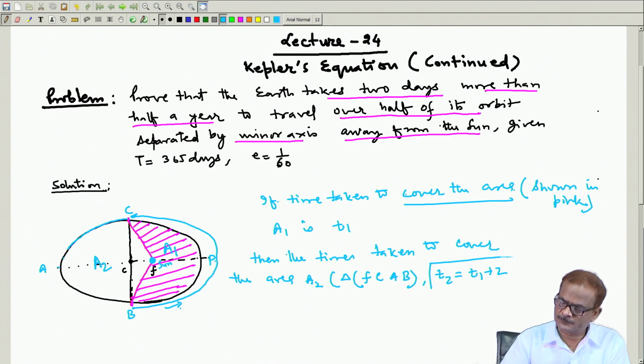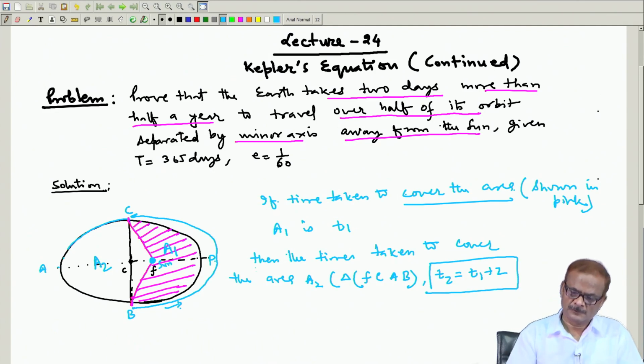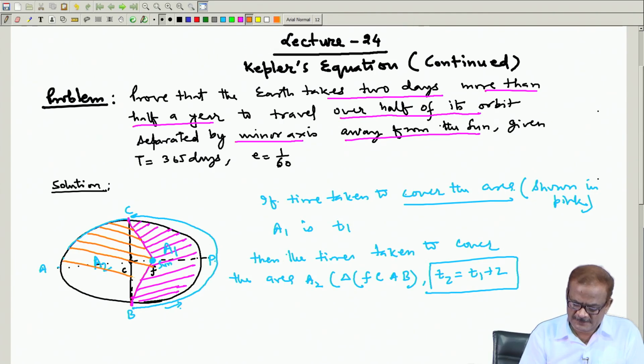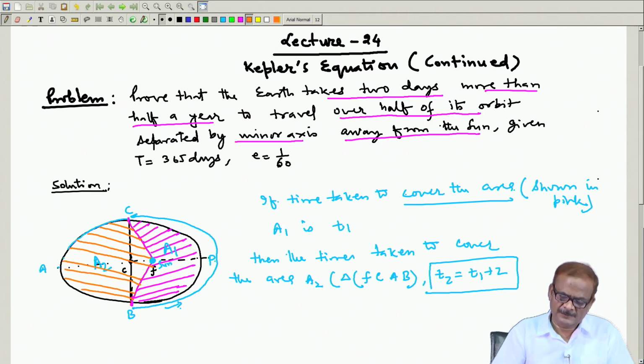This is what has to be proved, meaning 2 days more. Now I am going to hash this area A 2. You can see that in orange I am hashing this area, and covering this area takes 2 more days than the pink one. That means sweeping this area by the radius vector will take 2 more days. This is what we need to prove.